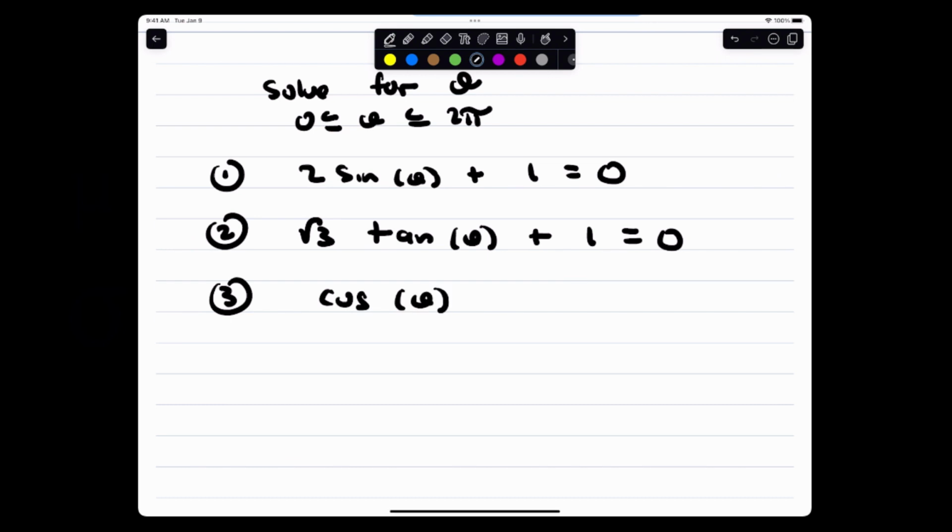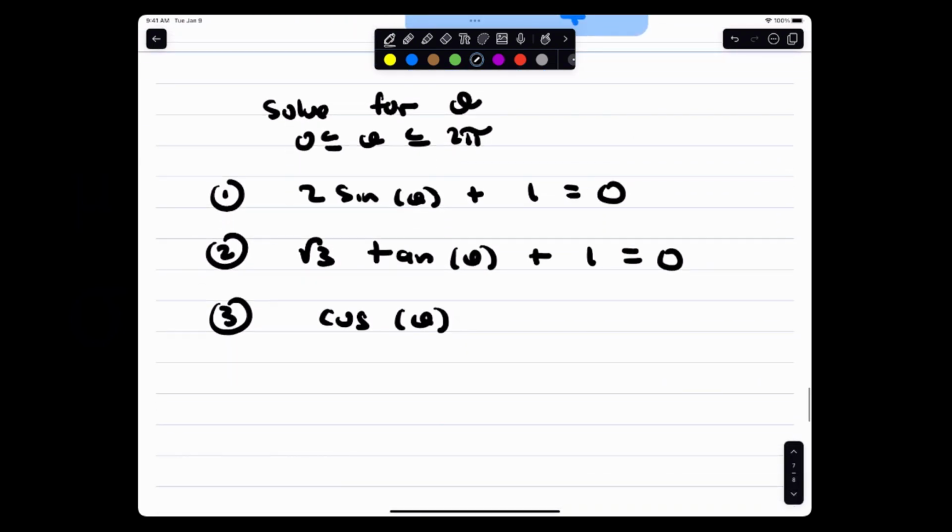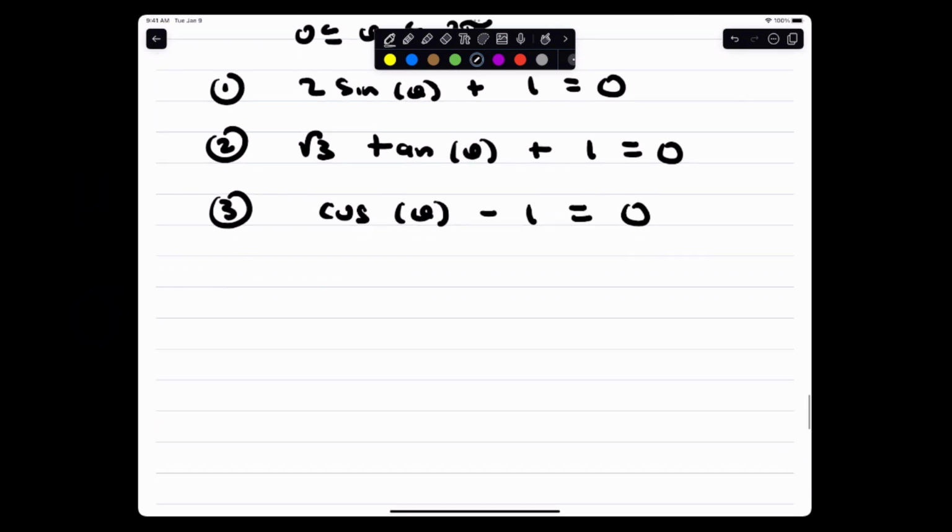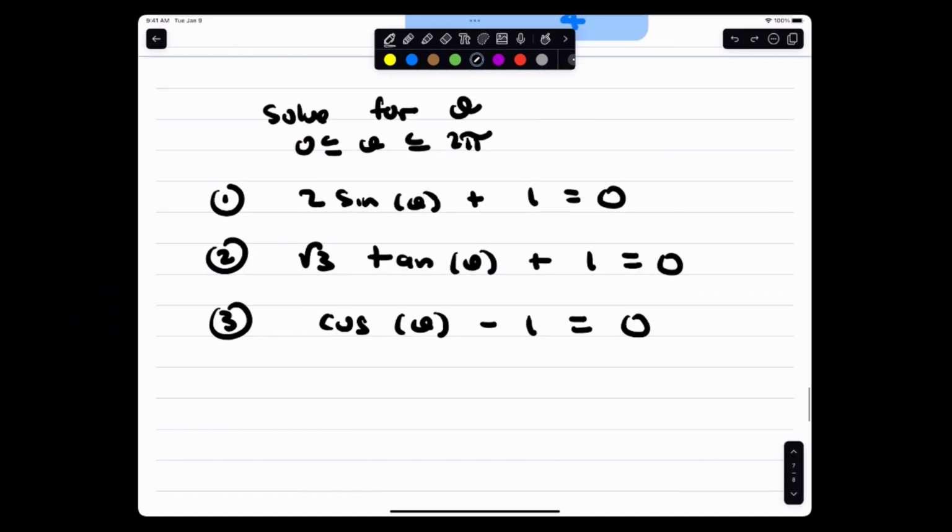How about cosine theta? Okay, we're going to have these here.